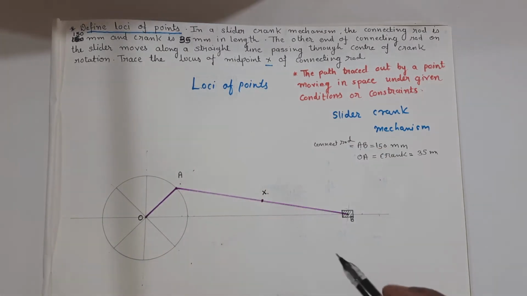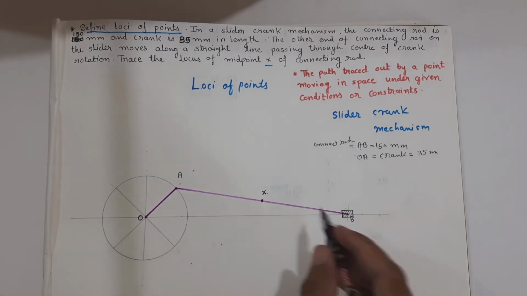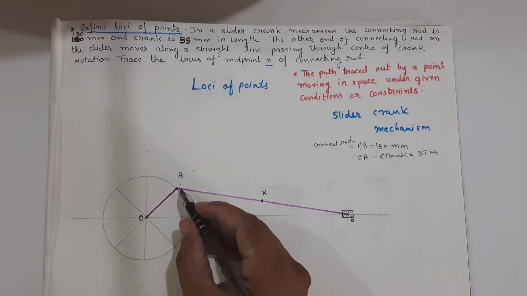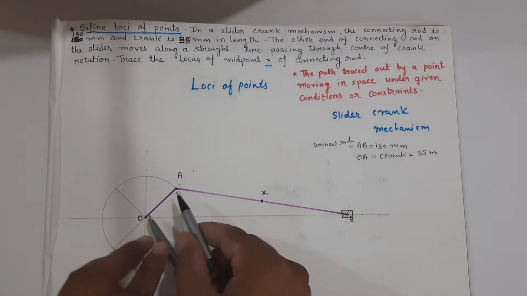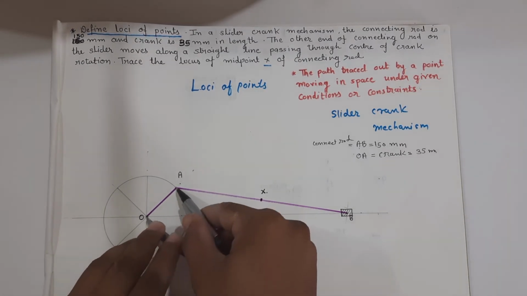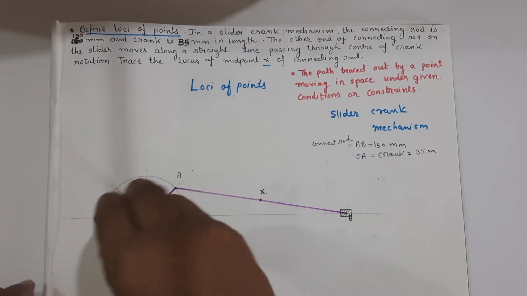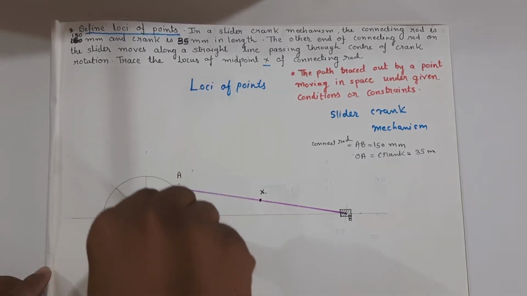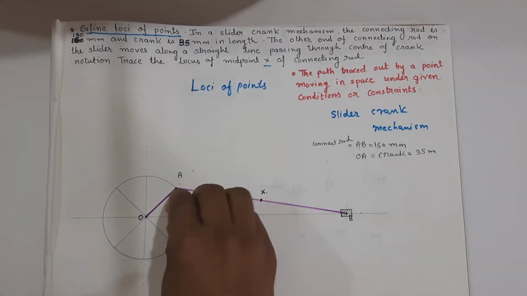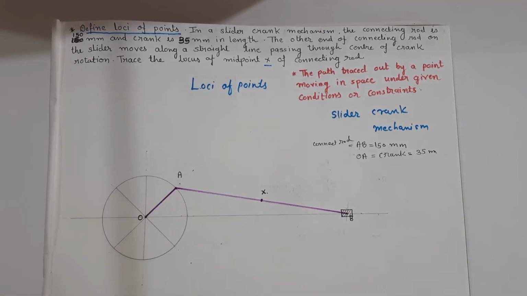So let us discuss the locus of different points on the line. If we want to find out the locus of point A, measure O to A and draw a circle.